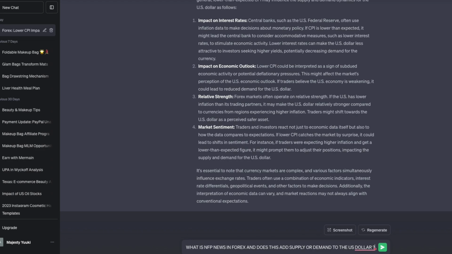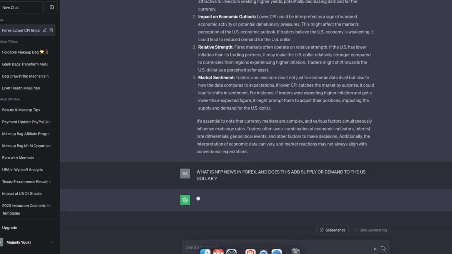So let's say you're seeing NFP news and you don't know what that means and what it will do to the charts if you're trading US dollar. What is NFP news in Forex, and does this add supply or demand to the US dollar?